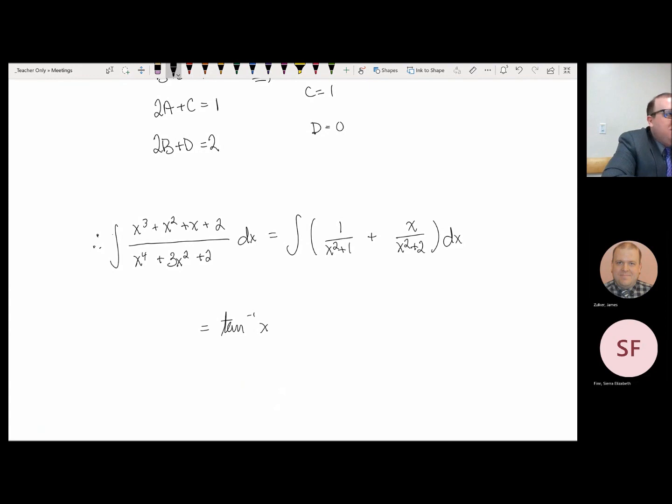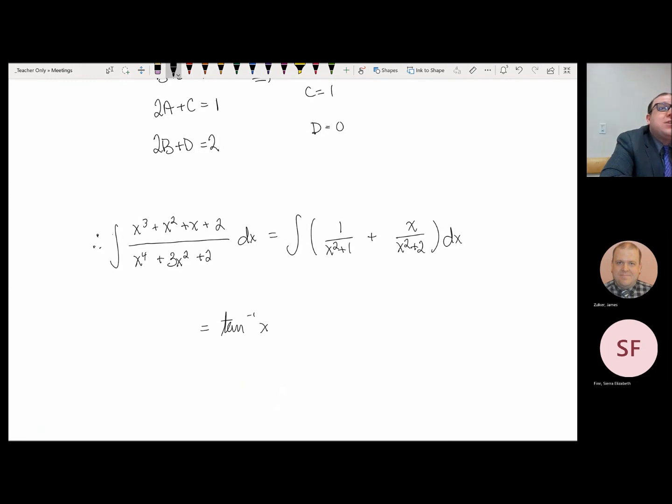It is the inverse tangent. So when you do partial fraction decomposition with irreducible quadratics, you may wind up with inverse trig functions, or worse yet, may have to do trig sub.